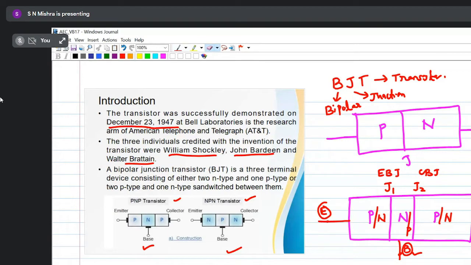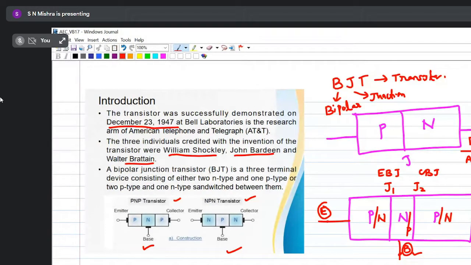And if I go for the symbol, like the diode has a symbol like this, this is your P, this is your N, this is your anode, this is your cathode.